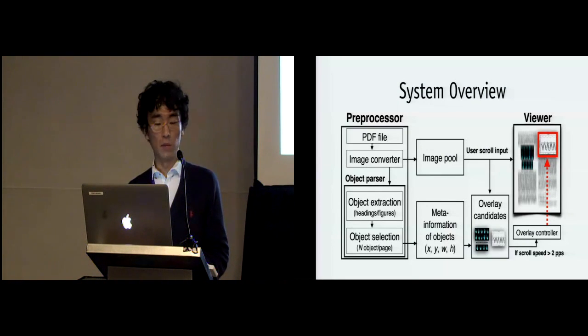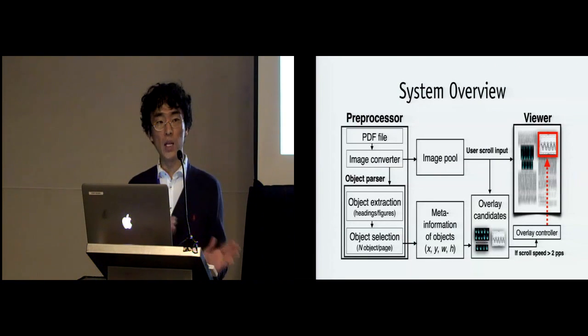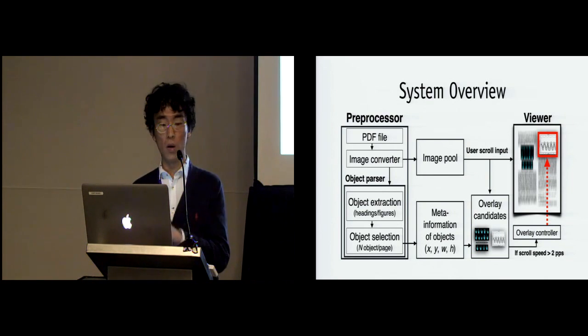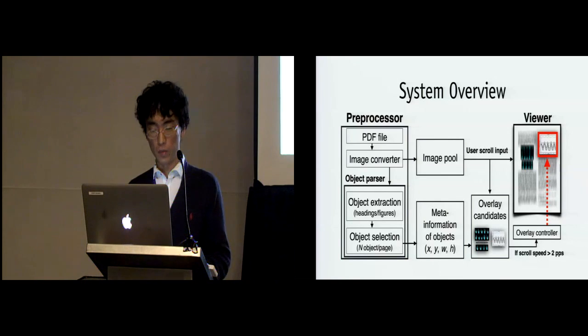The system has a preprocessor which converts the PDF file to images, and there is also an object parser which extracts the headings and figures on each page. During the scroll, those selected objects are displayed on the current viewer through the overlay controller.